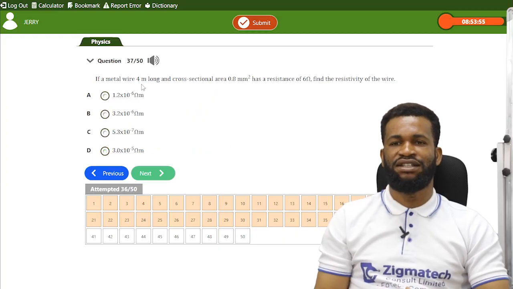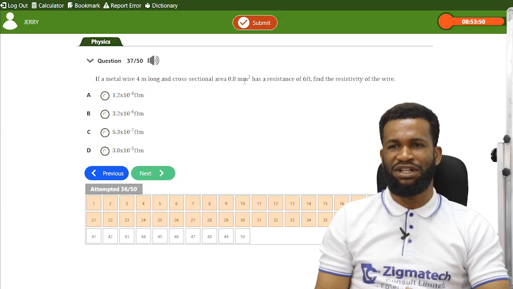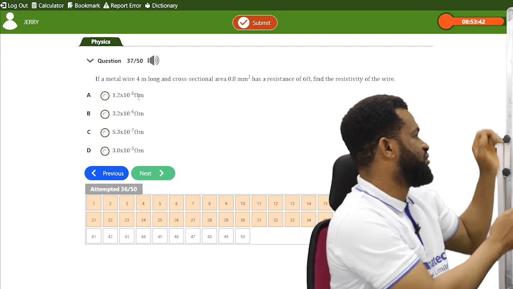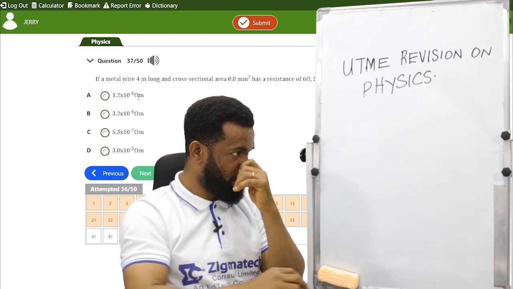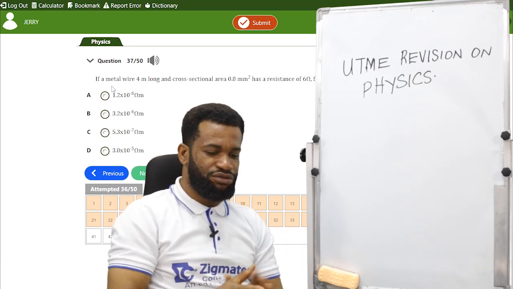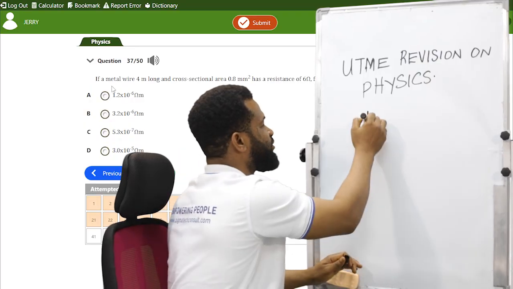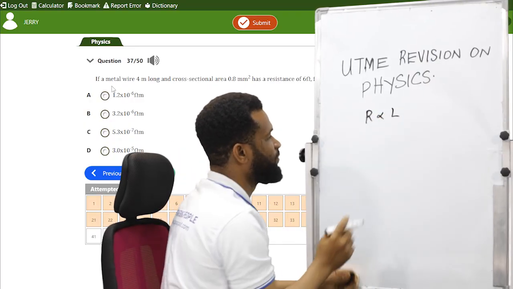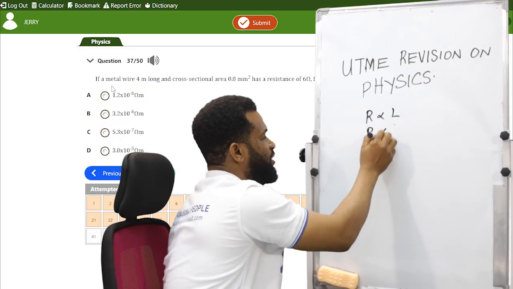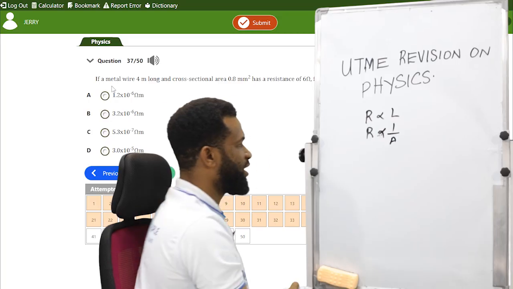If a metal wire is 4 meters long and the cross-sectional area is 0.8 millimeters square and has a resistance of 6 ohms, find the resistivity of the wire. When we talk about resistivity, now for a wire, many things happen. The resistance of a wire is directly proportional to length, and inversely proportional to the area.